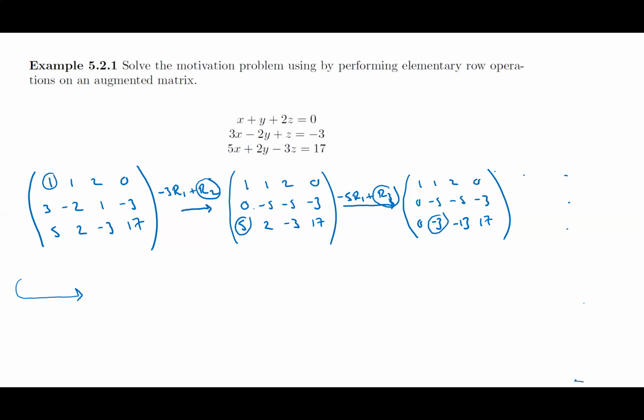So we have a choice. I need to use row 2, right? If I used row 1, the 0 that I've got as my first entry in row 3 wouldn't stay 0. That's counterproductive. I want to move forward.